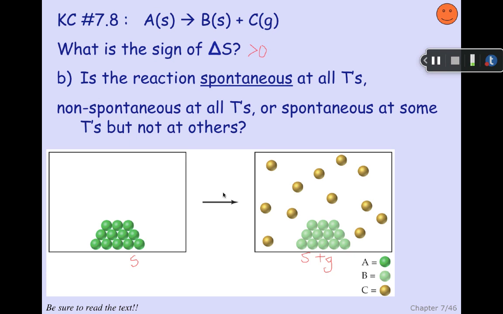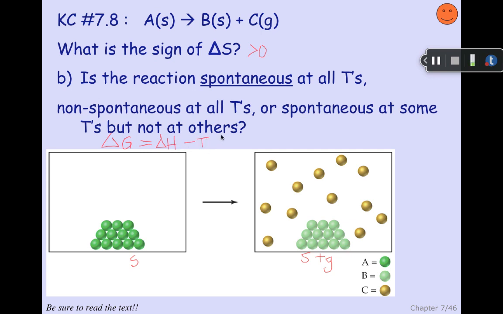The trick now is to decide whether the reaction is spontaneous at all temperatures, non-spontaneous at all temperatures, or spontaneous at some but not all. What can you do to determine this? Well, a couple things we have to look at. First of all, the equation is this. Delta G determines spontaneity, and it's going to be based on the value of delta H, which is not explicitly shown here.